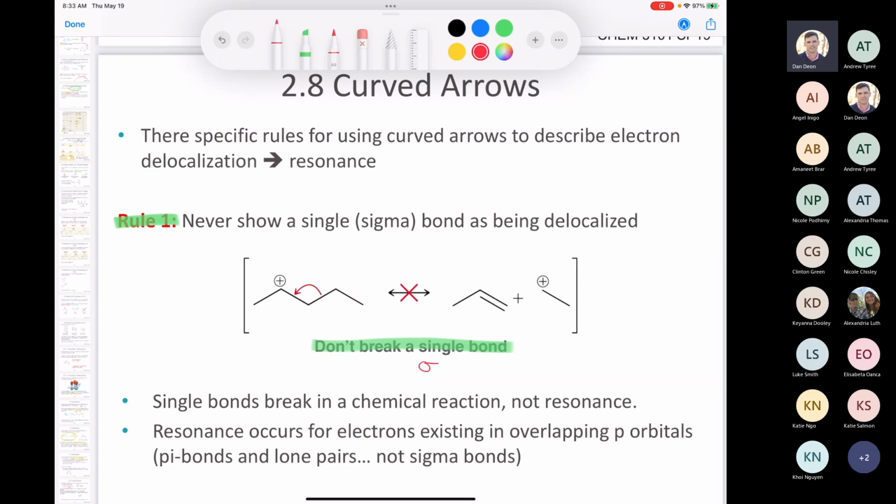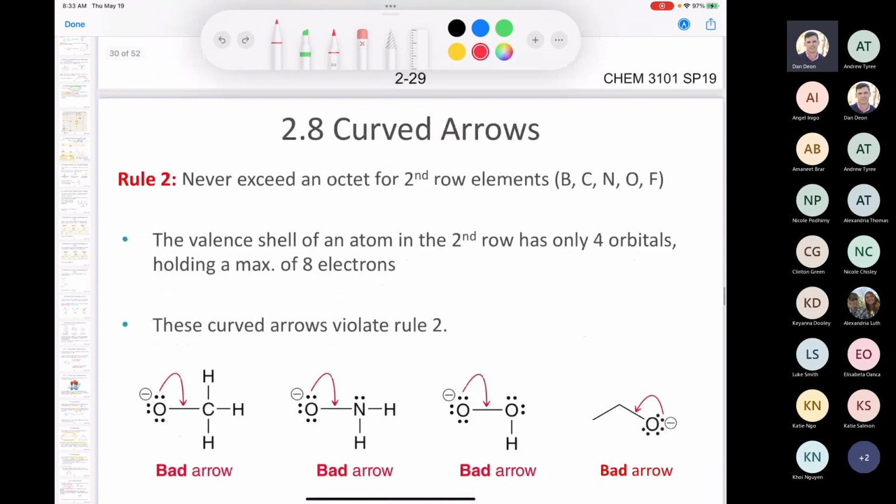That's when you break a bond and then you make a bond. We're talking about resonance in chapter 2. We're not at reactions yet. So do not be breaking any bonds when you're drawing resonance structures. Single bonds are going to break in chemical reactions, not in resonance. So don't start snapping them and breaking them all over the place.